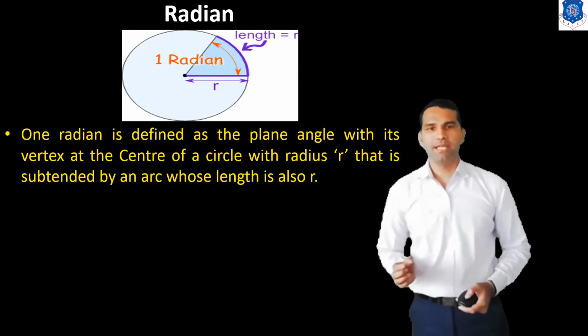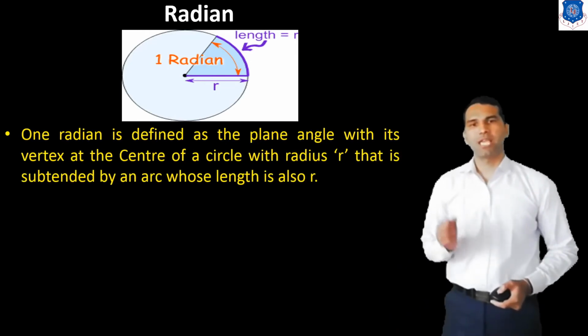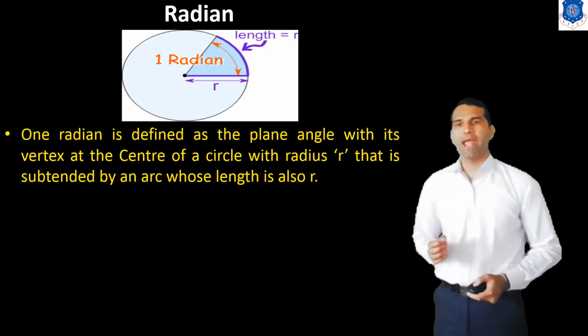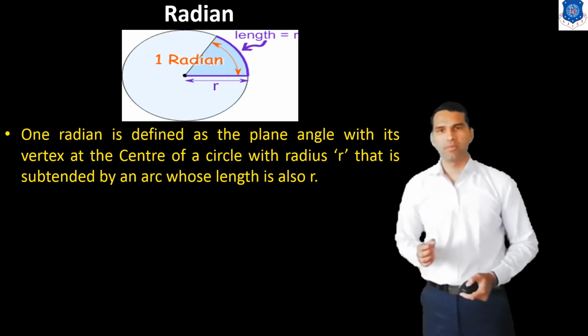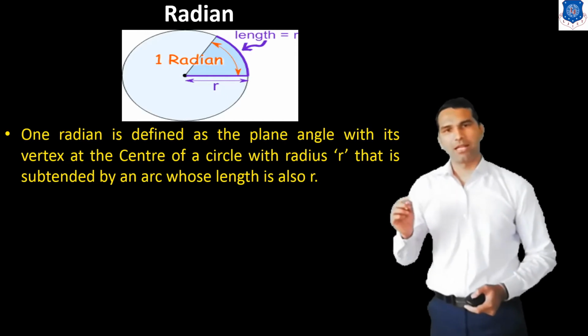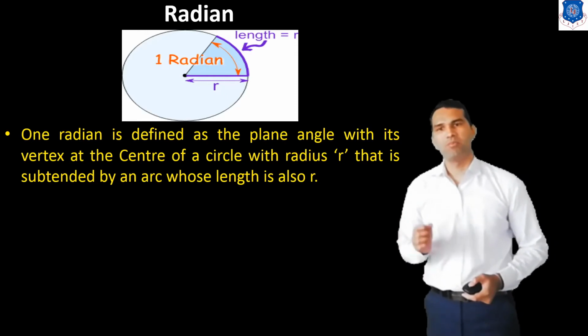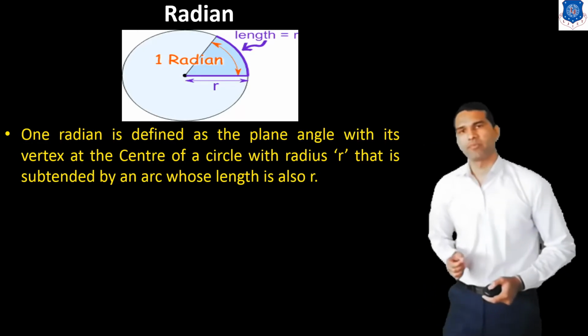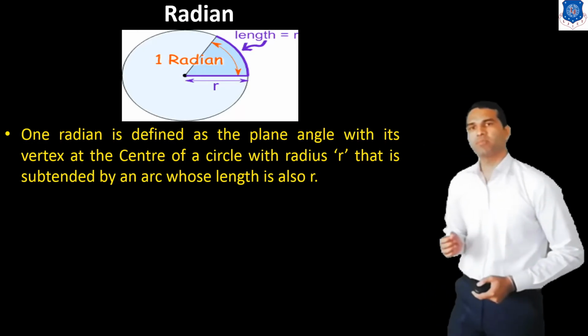One radian is defined as a plane angle with its vertex at the center of a circle of radius r that is subtended by an arc whose length is also r. This is the definition of the radian.